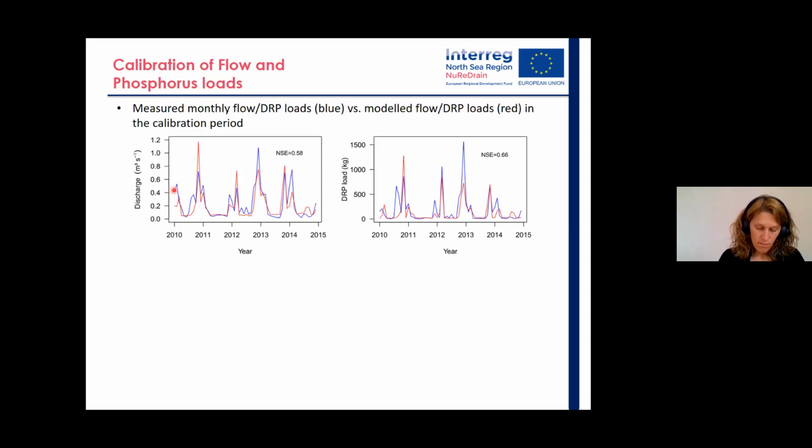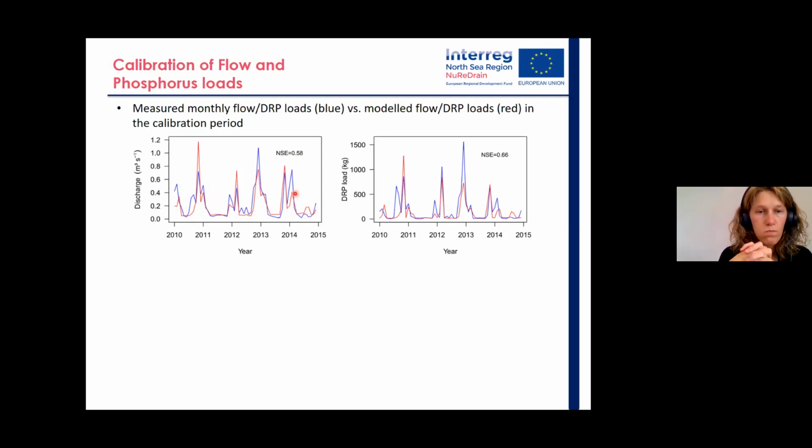The observed values are shown in blue lines, and the modeled results are the red lines. As you can see, we have a quite good model fit with an NSE of 0.58. You see that the peak flow events are fit quite well, and that at some points we don't fit the discharge events so well.